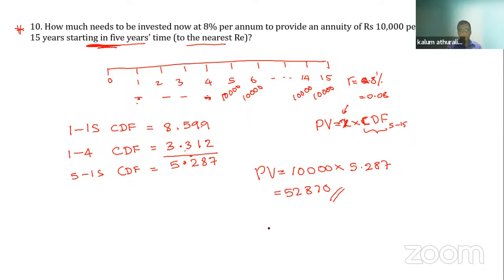Here's some question. It's supposed to be 5 to 19 years.